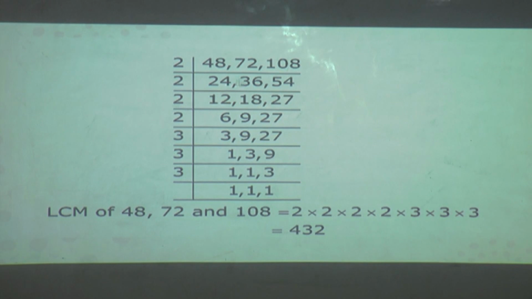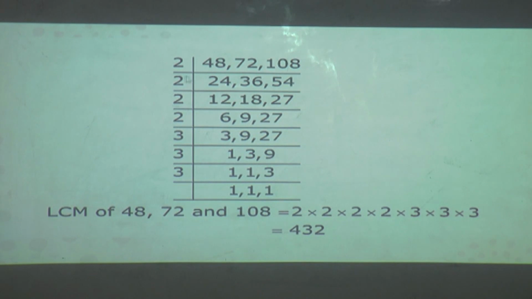Now we got 24, 36 and 54, which can be again divisible by 2. So 2 1s are 2. 2 2s are 4. Next number, 2 1s are 2. 3 minus 2 is 1. 1 and 6 becomes 16. So 2 8s are 16.